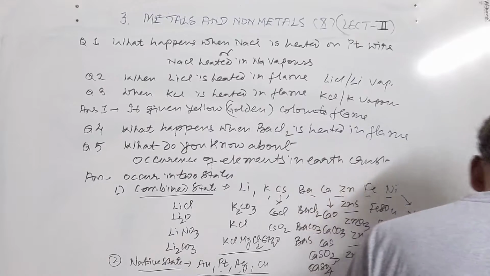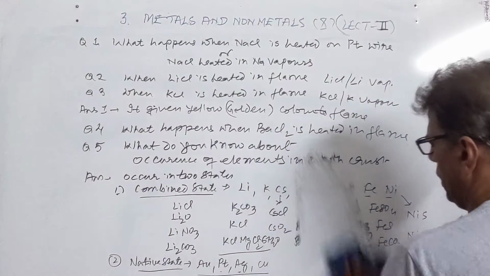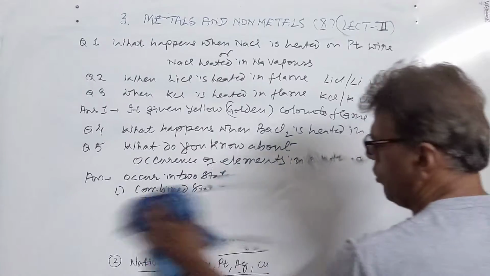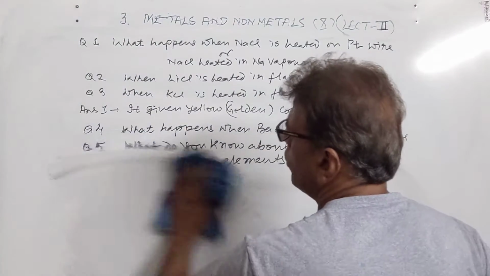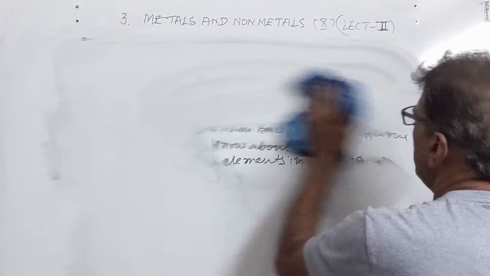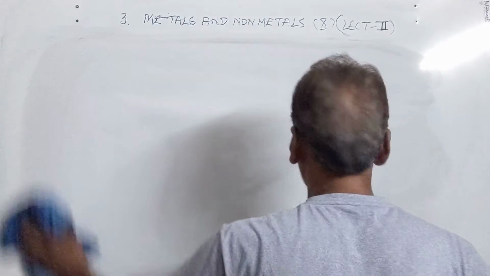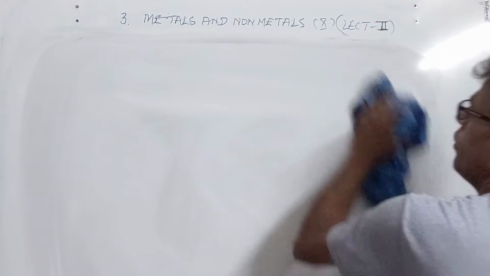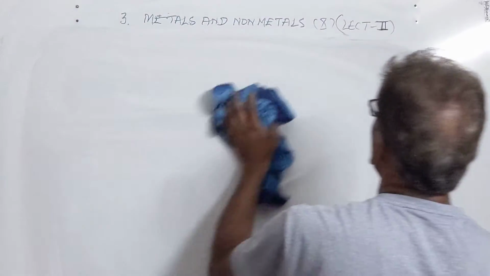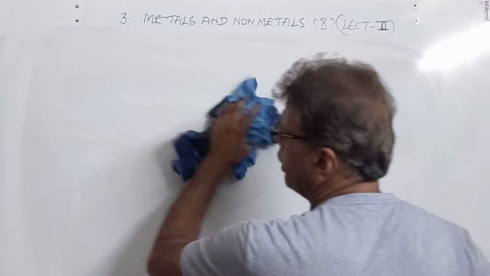So all ores are minerals, but all minerals are not ores, because from all the minerals we cannot extract metal economically. Only a few minerals allow economical extraction, and those are called ores.